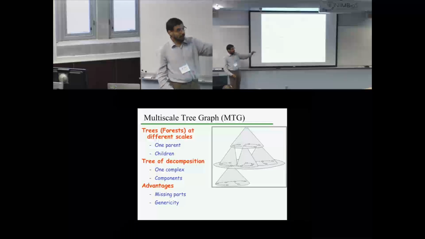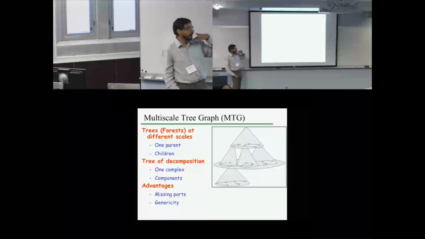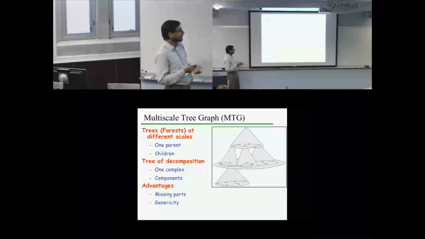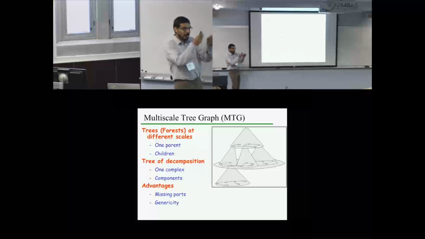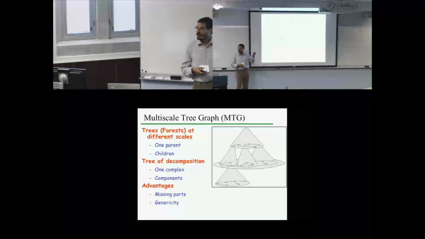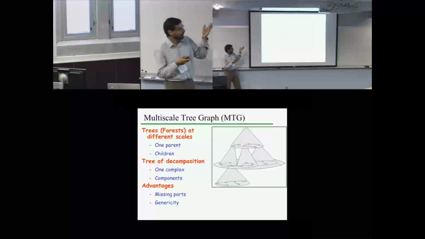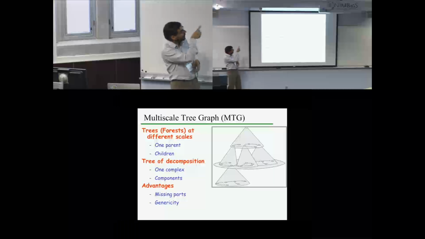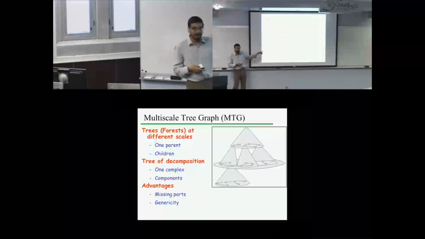At each level you have a tree, for instance the level of shoots, axes, plants, growth units, and you also have information about what is my complex, what are my components. A complex, for a growth unit, is the axis, and the components of an axis are a list of growth units. And the advantage of this type of representation is that you may have missing parts.